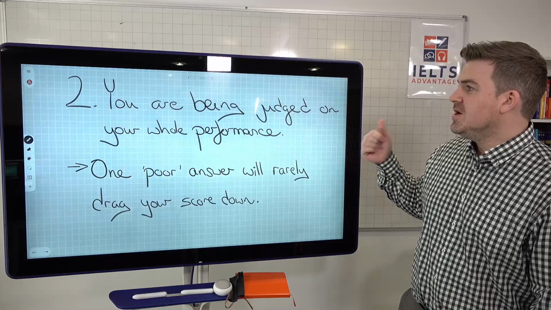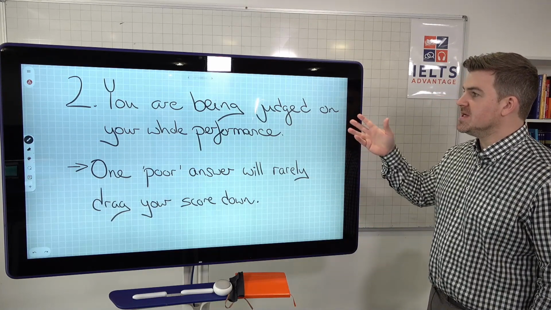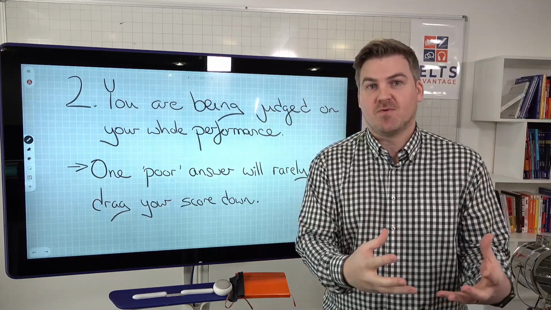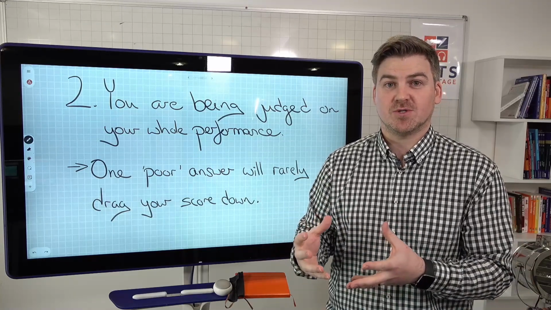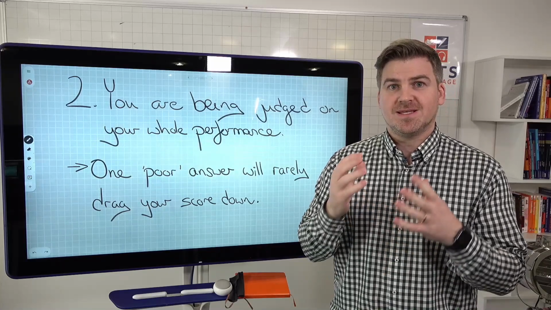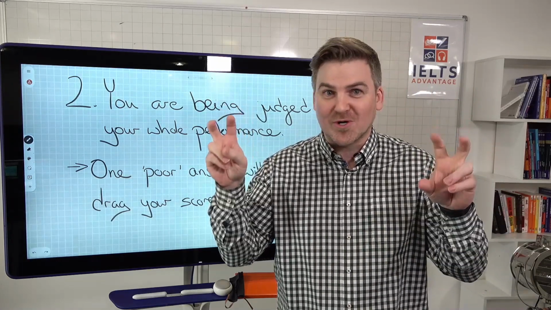Number 2, the second reason why you shouldn't worry too much about this is you're being judged on your whole performance. You're going to be asked a bunch of questions in part 1, 1 question in part 2, and quite a few questions in part 3. The examiner is not giving you a score based on your worst answer.